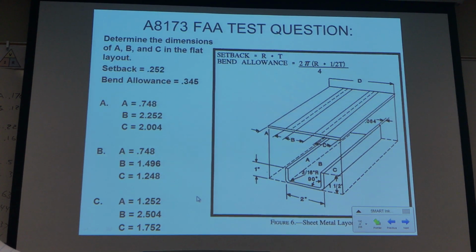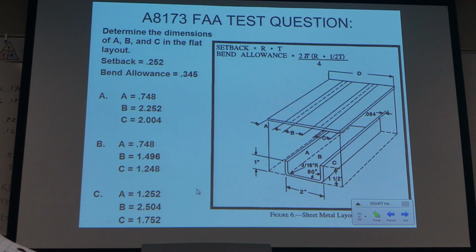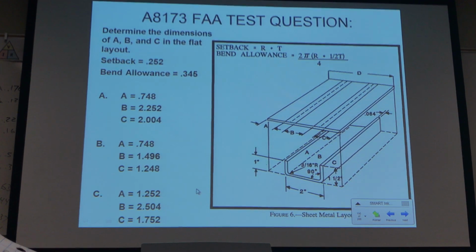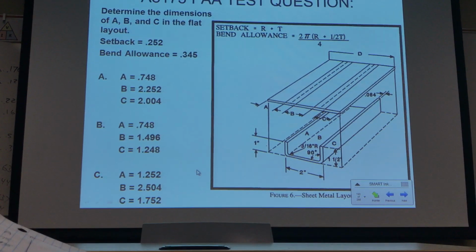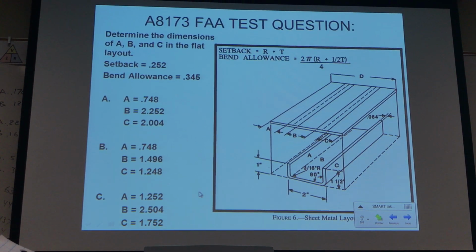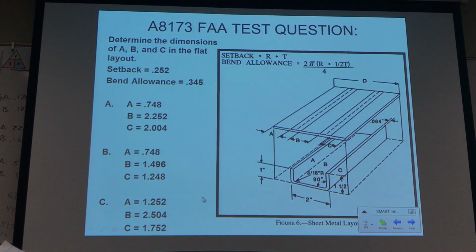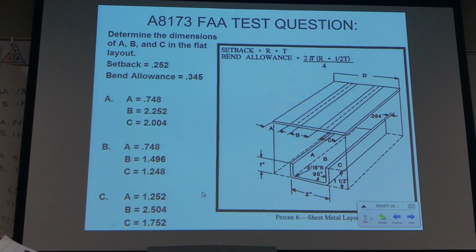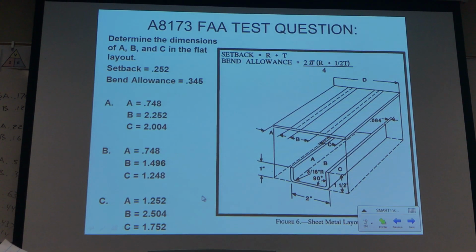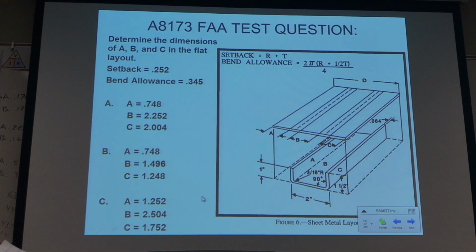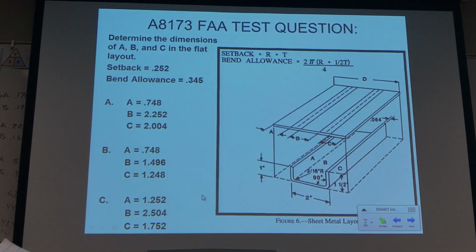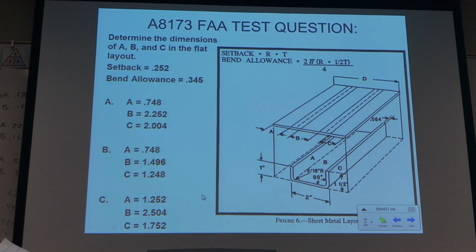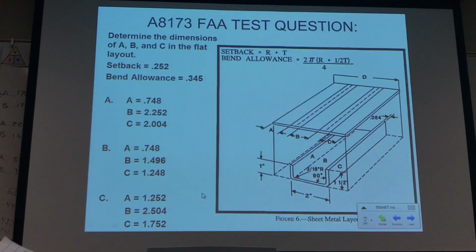They've given you the dimensions, all you have to do is figure out what the dimensions are for the flats. So, for example, you've got a finished dimension of 1 inch, 2 inches, and 1.5 inch. From that first flat, you're going to have to subtract out a setback, right? From the middle flat, you're going to have to subtract out what? Two setbacks.